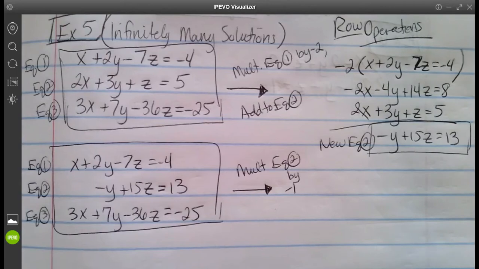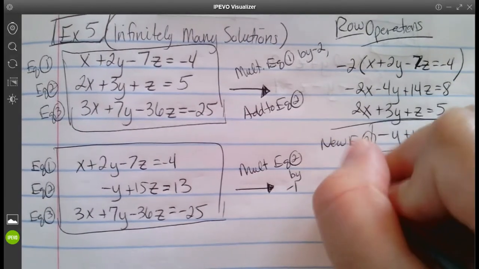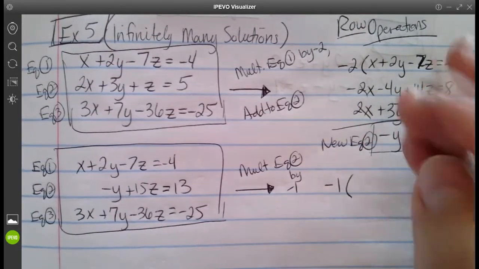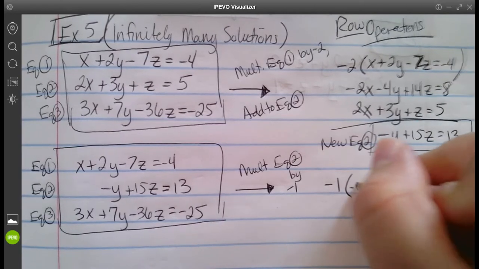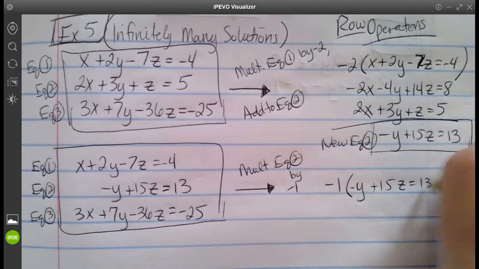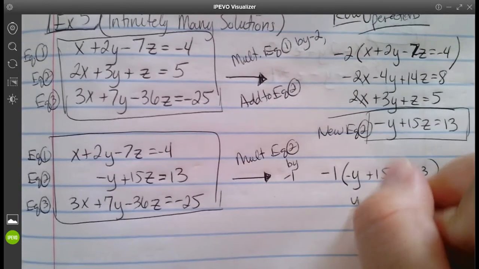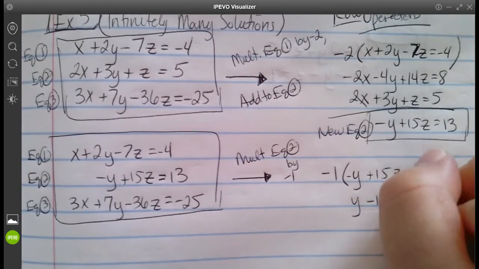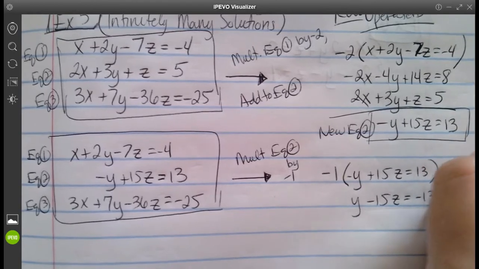But I'm showing all the steps, so I don't want people getting confused. Negative 1 times negative y plus 15z equals 13 gives us y minus 15z equals negative 13.